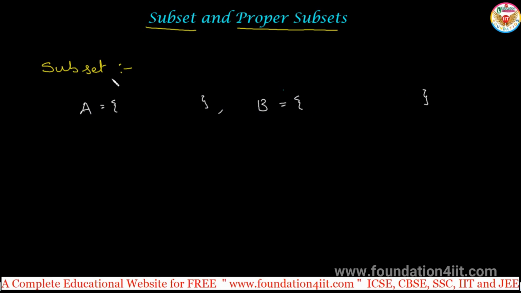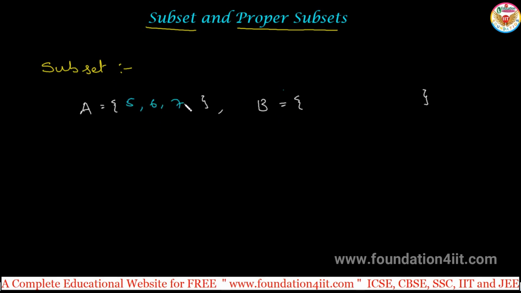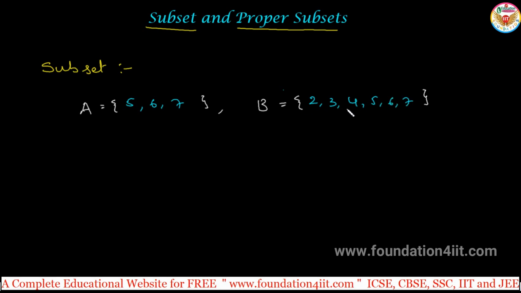According to this definition, if all the elements of set A belong to set B, then A is said to be a subset of B. For example, A is having elements 5, 6, 7 and B is having elements 2, 3, 4, 5, 6, 7. So every element here, 5, 6, 7, these three elements are in set B. That means set A is a subset of set B.